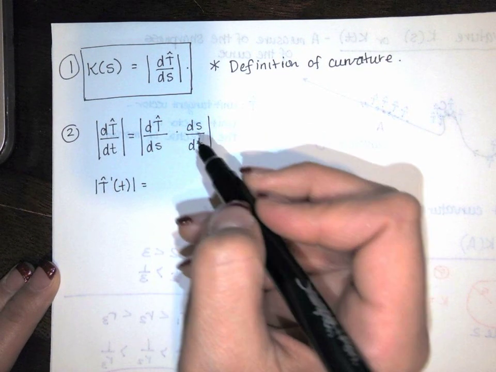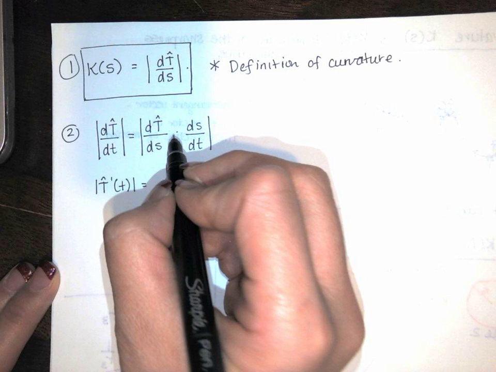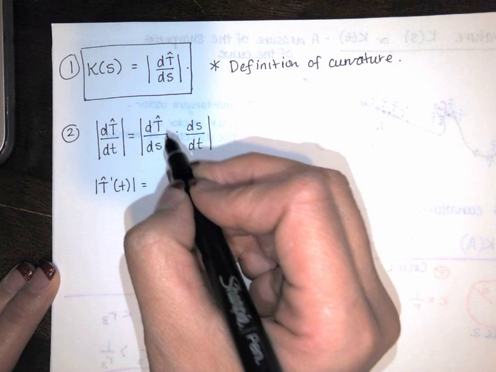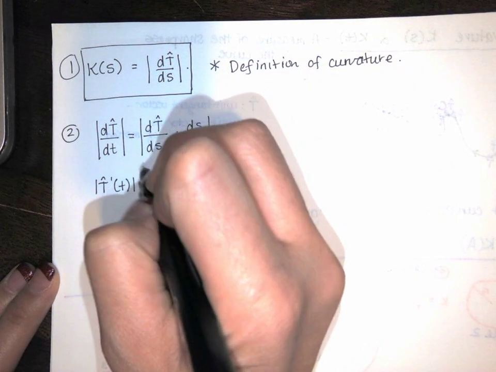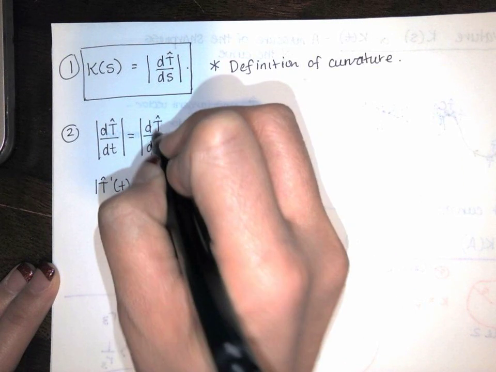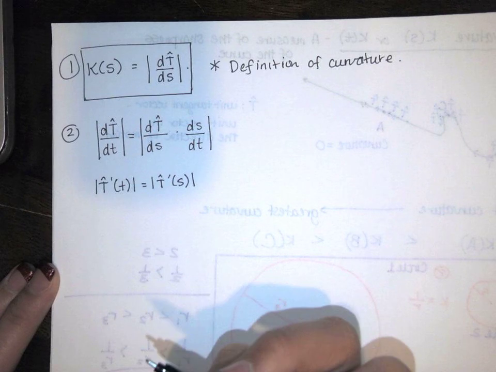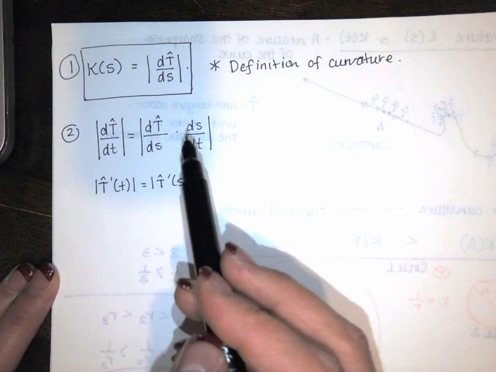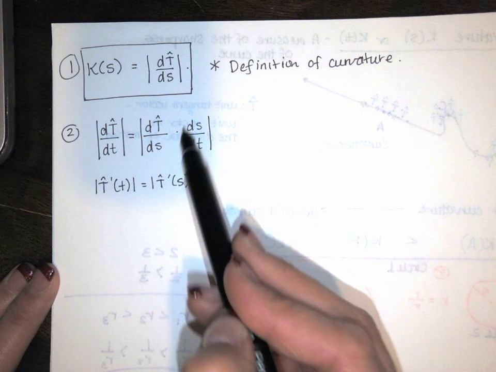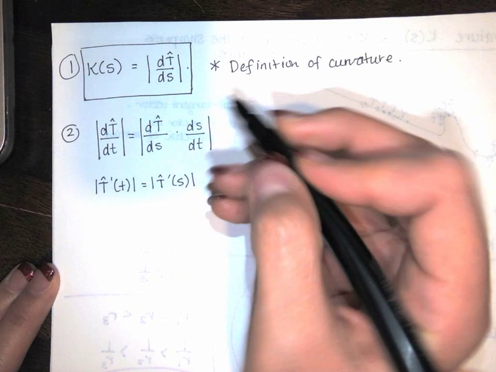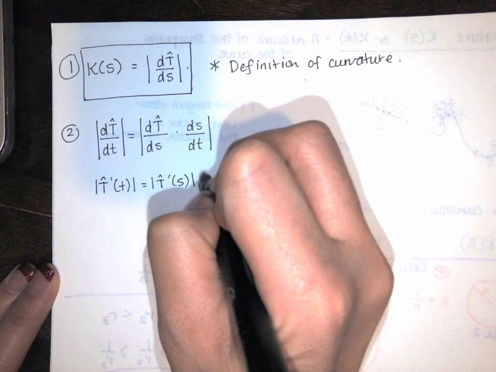The magnitude of this, and this is not a dot product, that is a scalar function of t times a vector. And the magnitude of a vector function times a scalar function is just the magnitude of the vector function times the magnitude or the absolute value of the scalar function.